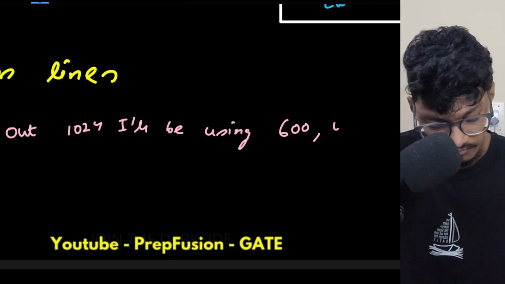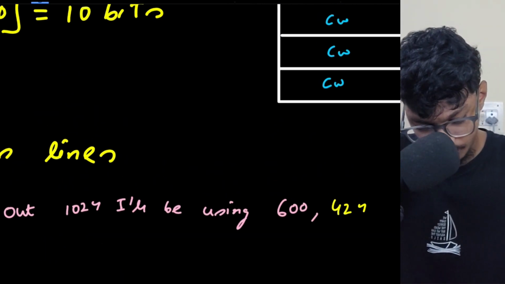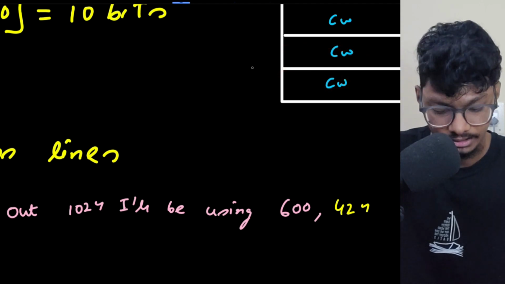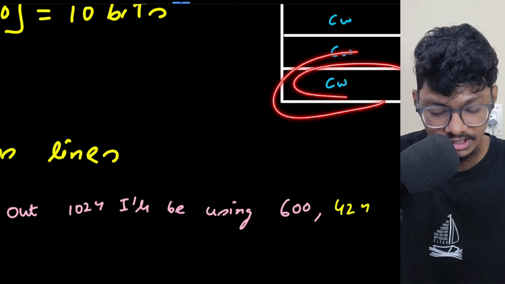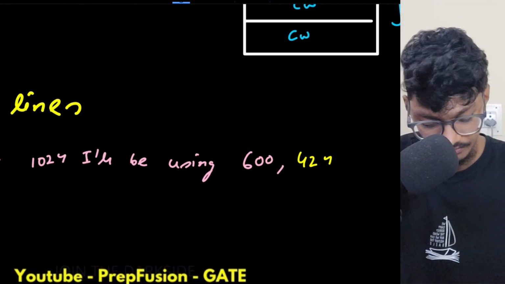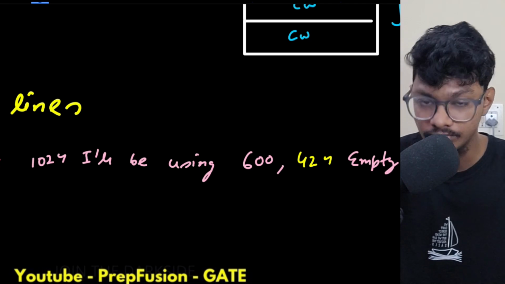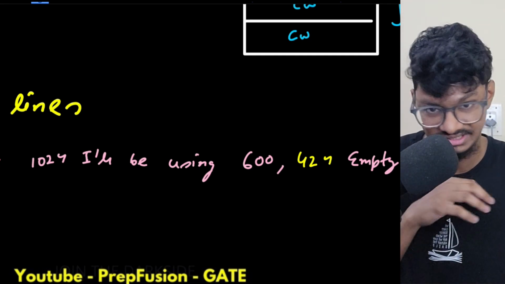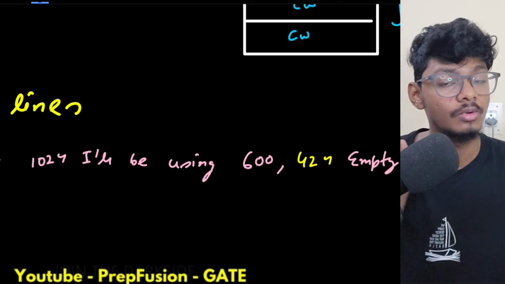So the 424 words here, 424 words will just be left empty, and it's okay. But you have already assigned 10 bits for address lines. You cannot do like half, 600 you will store for control unit memory and you store some other things in there. You cannot do that.